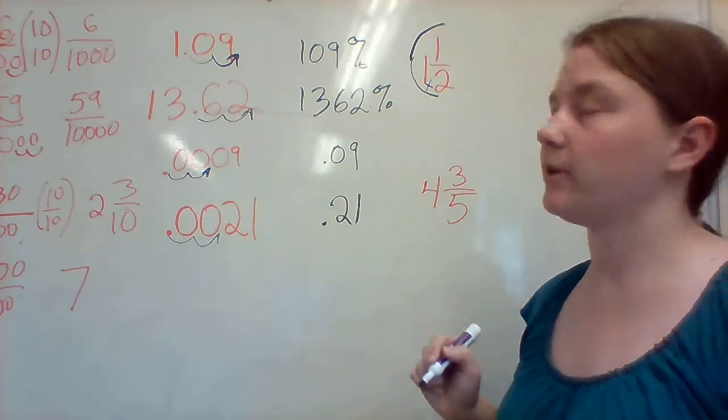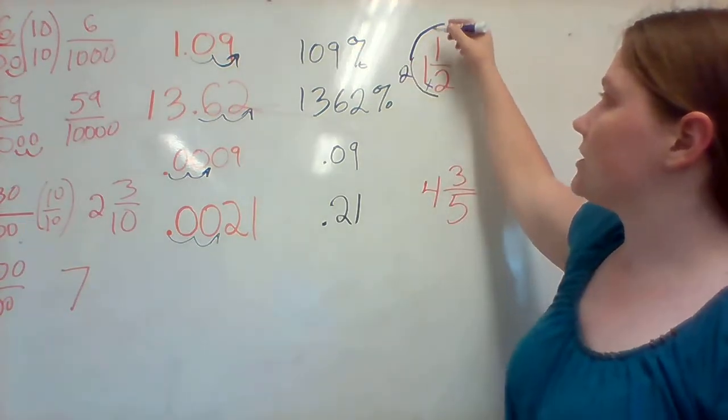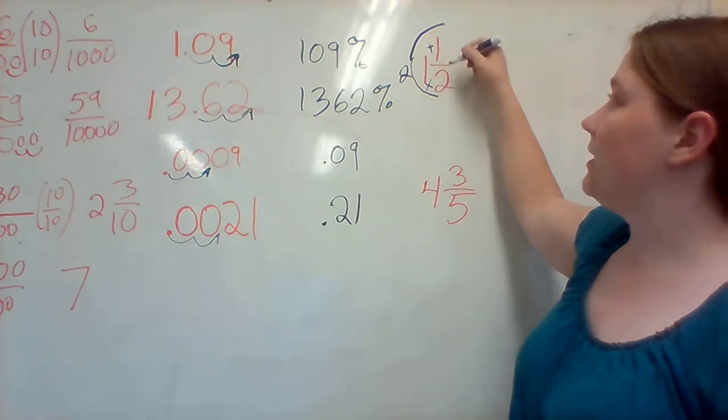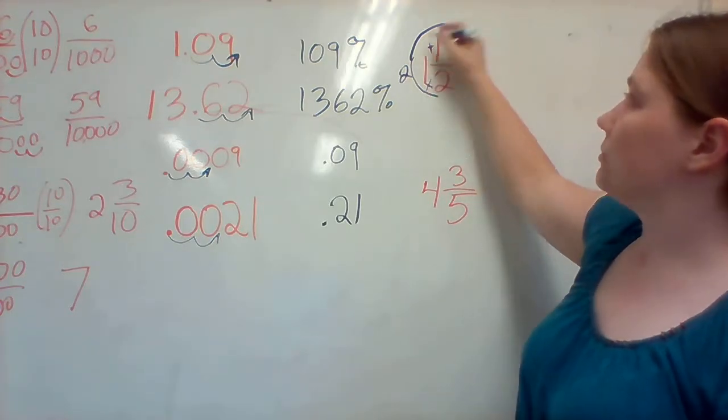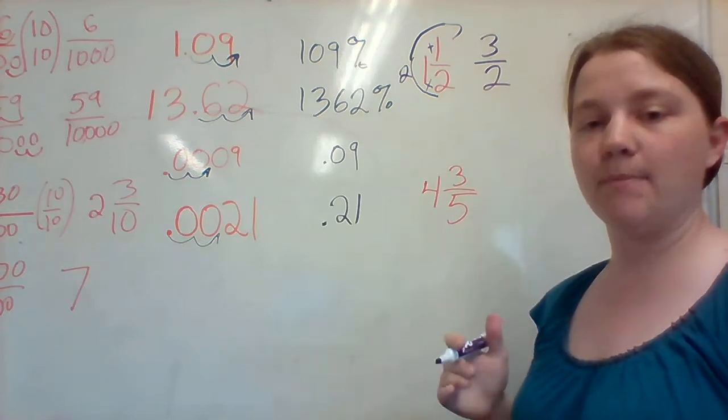Hopefully you caught that before I did. And then I'm going to add in that 1. So now we have 2 plus 1 is 3 over 2. And now we've made that improper.